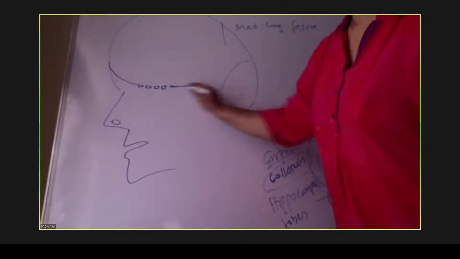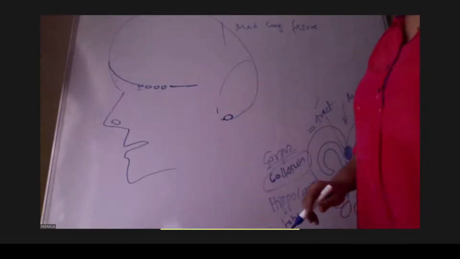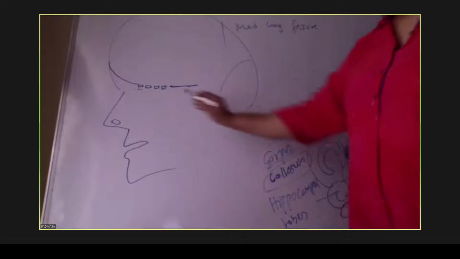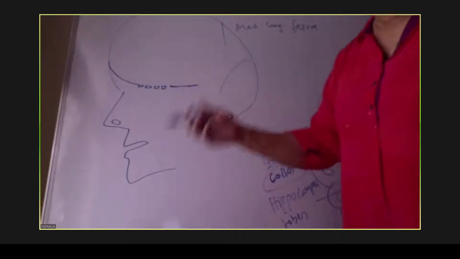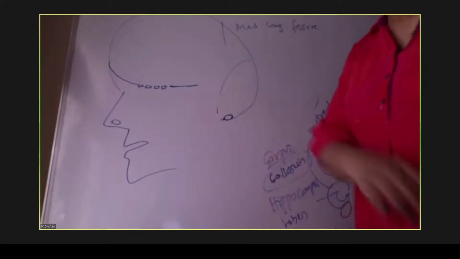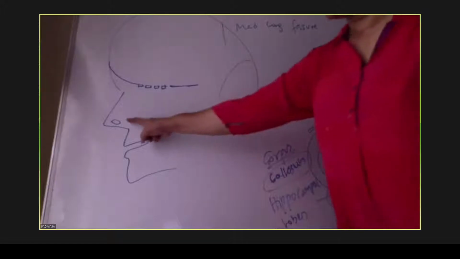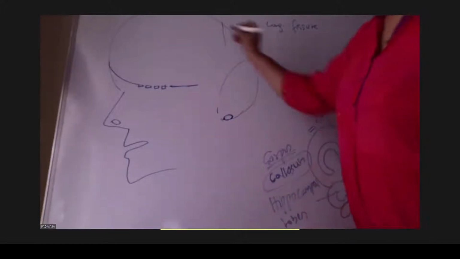Here, in front of the sphenoid, the ethmoid bone. Ethmoid bone consists of fine holes. I told you already that day when I showed you that video. Now when you come to the respiration part, of course here I'm drawing the brain.